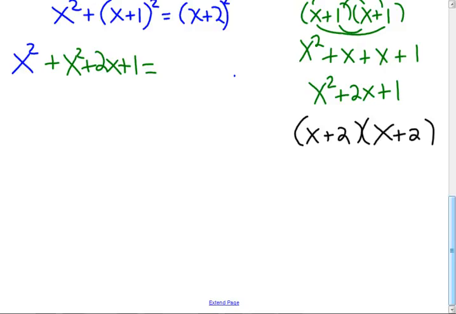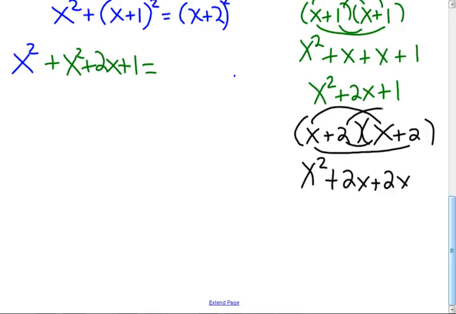Remember FOIL, Sydney? First. So we multiply that, we get x squared. What about this? Plus 2x plus 2x plus 4. So that is x squared plus 4x plus 4.